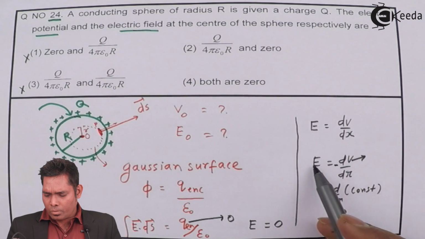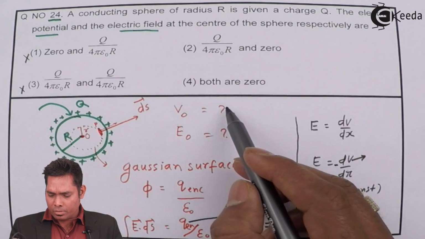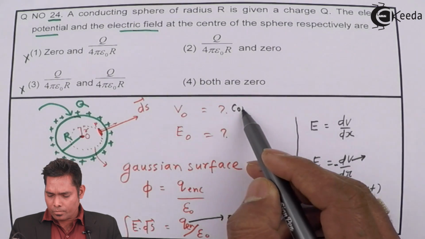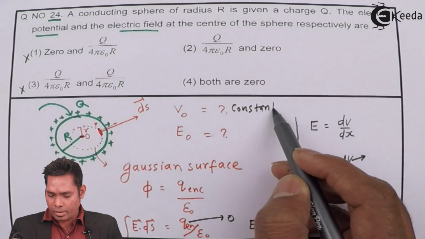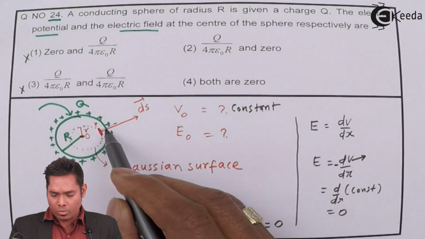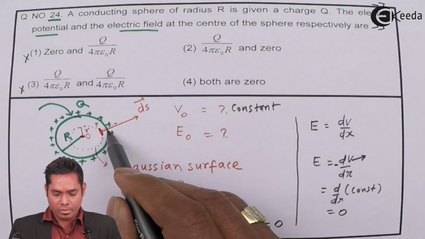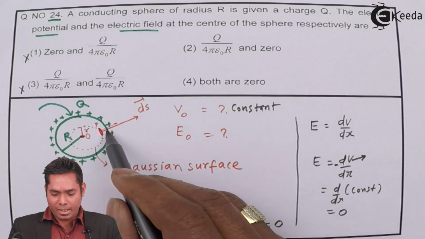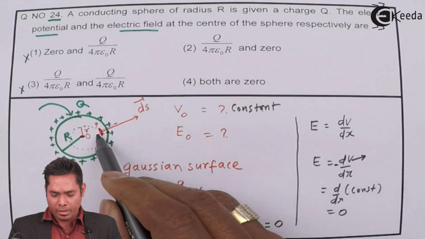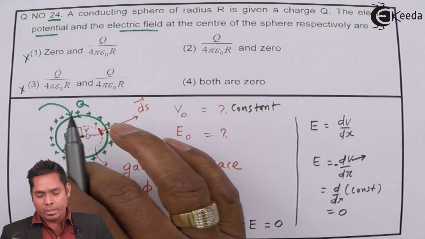So first of all, this V naught has to be constant at any inside point, and that must be equal to the potential on the surface. Whatever is the potential here, the same potential will be at any point inside the solid conducting sphere.